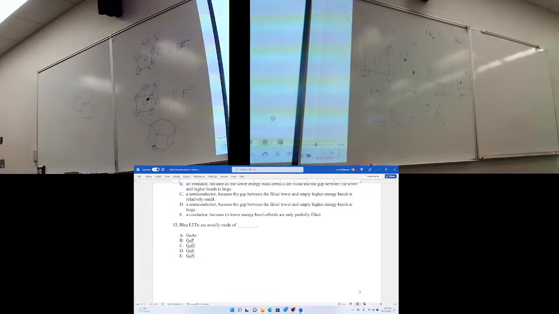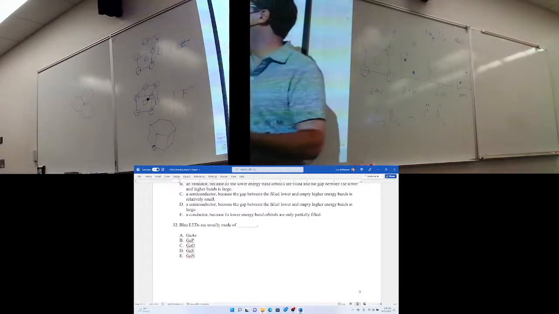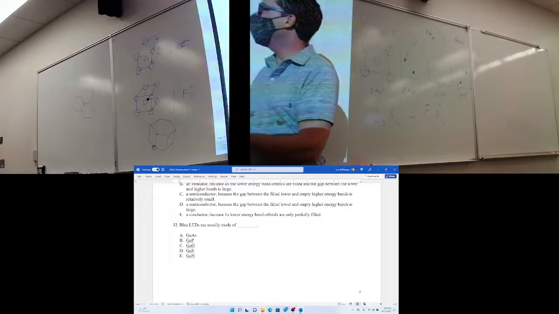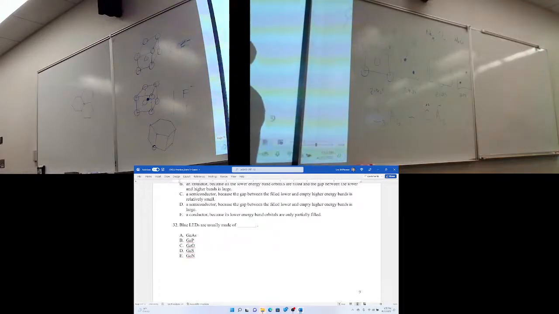Some of these are not isoelectronic with group 4. Some of these are not diamond or zinc blende crystal structure. Oxygen is 2 steps over from germanium. Gallium is only 1, so this is not even isoelectronic. Neither is gallium sulfide.